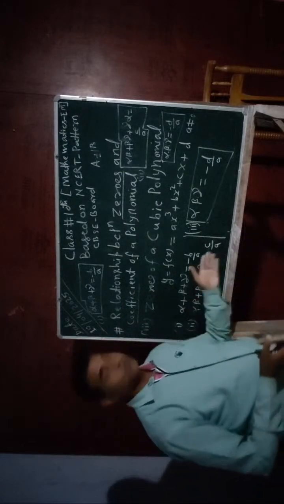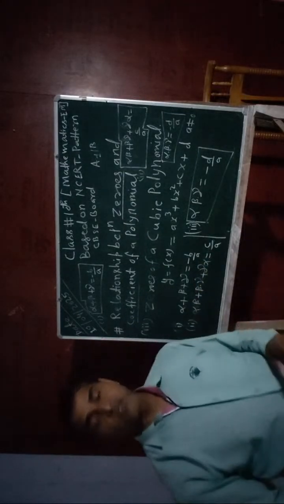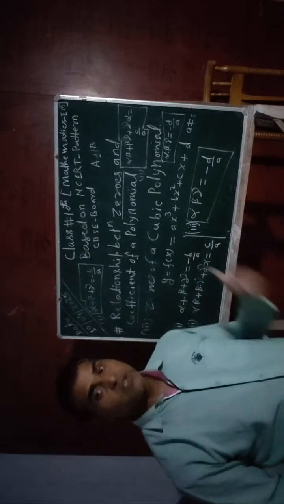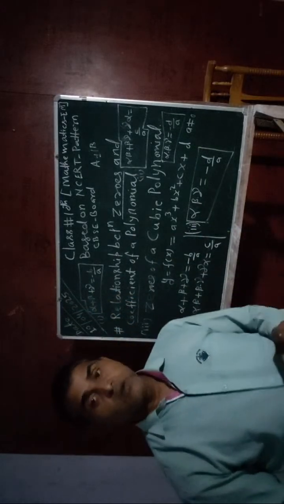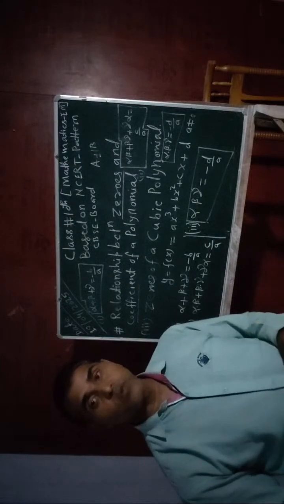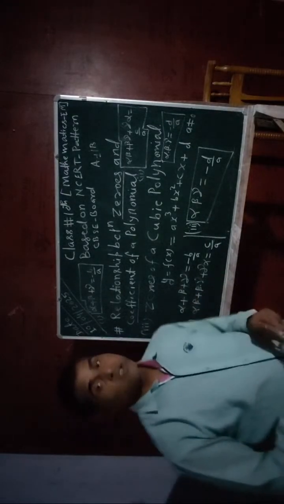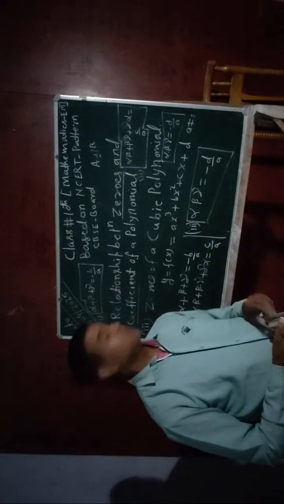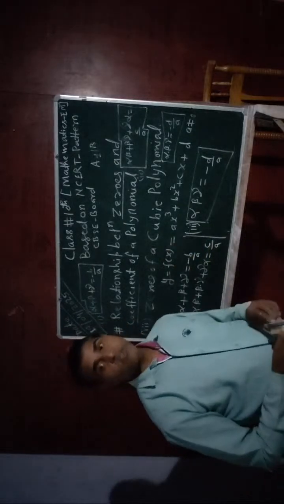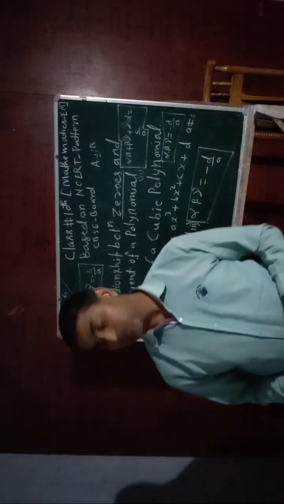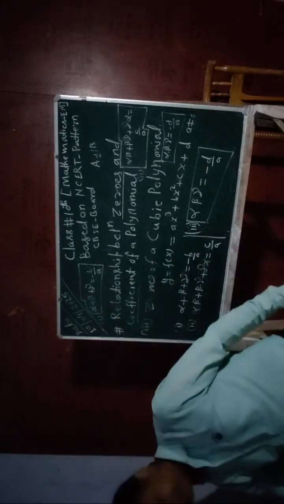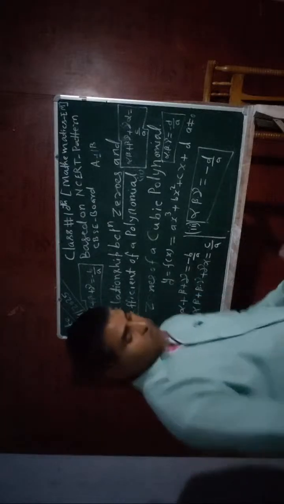In a question, the three roots will be given, so I can get the cubic polynomial with the help of the roots. Also, if roots are given for a quadratic polynomial, I can obtain its quadratic polynomial with the help of the roots. Okay student, I am going to erase this topic, and I will solve some numericals on it.